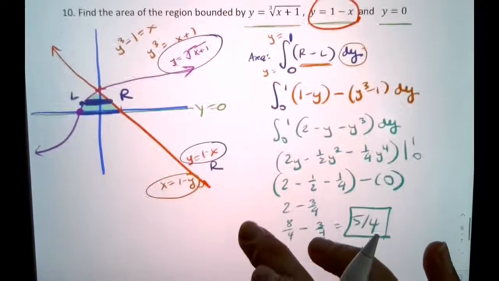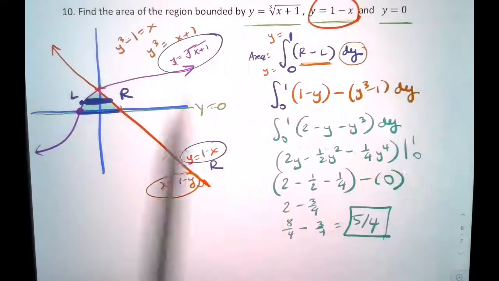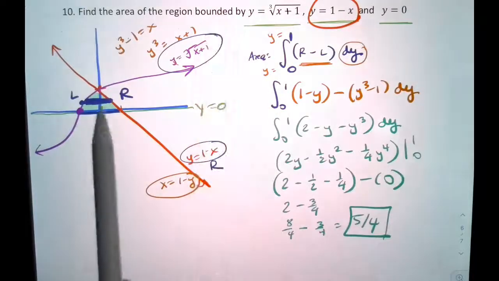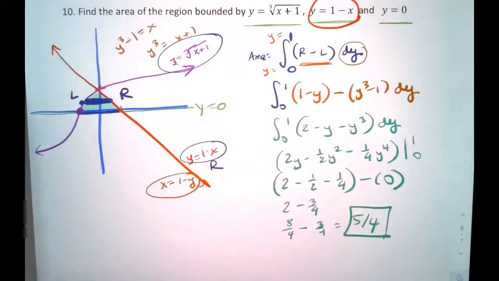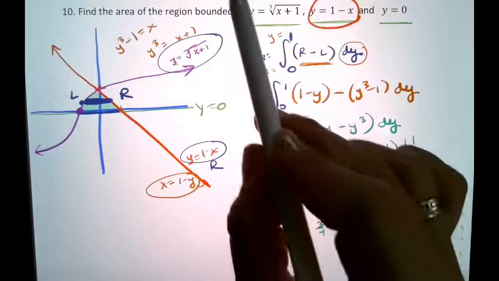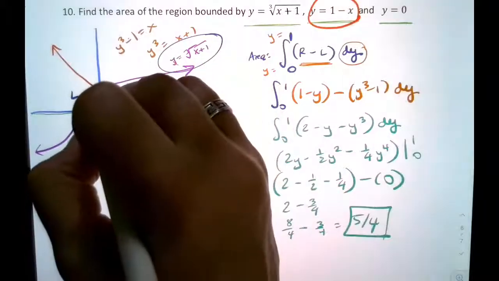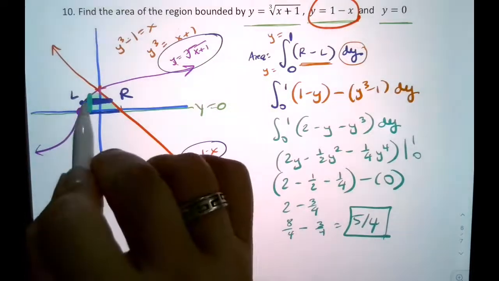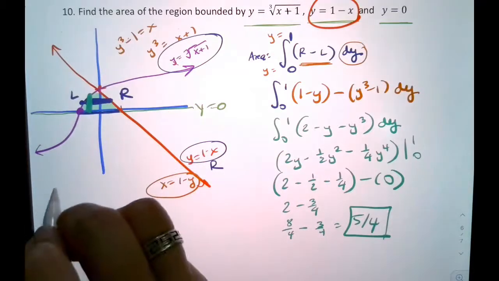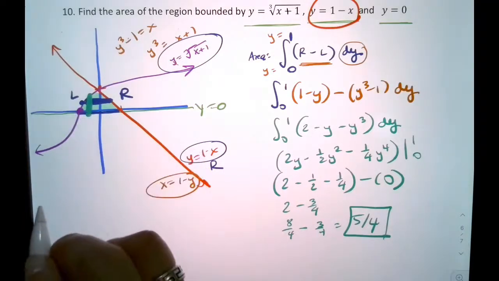You could do this in a vertical presentation, and I'll just sort of show you that really quickly for those of you that maybe had that idea. Oh, let me undo that. Had that idea, but were unsure of it. You could do that. You could say, hey, on this region, can I draw something vertical? You sure could. Your top function would be that cubed root. Your bottom function would be y equals 0.